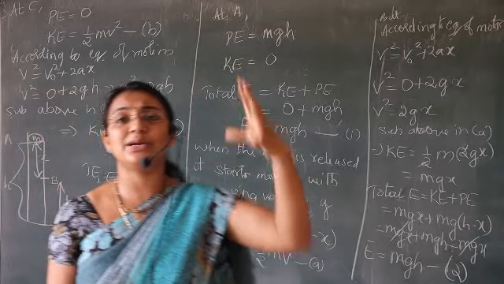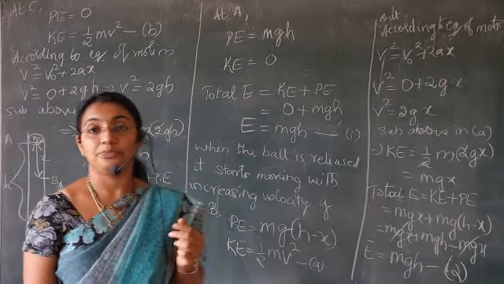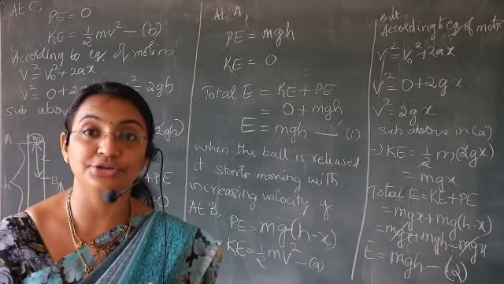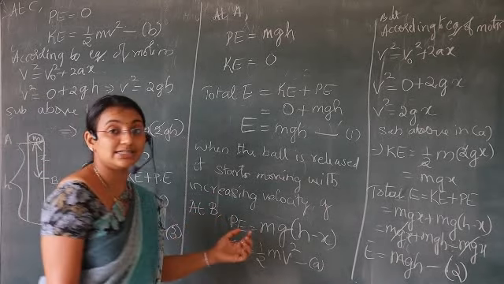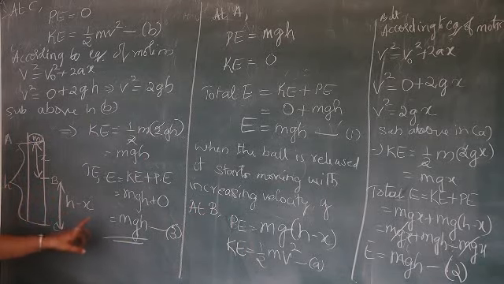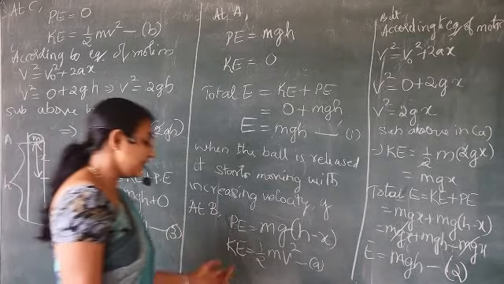Now, we release the body from rest. It starts moving down, correct? With increasing velocity due to the acceleration due to gravity, when it reaches the point B, at a height x from A, the potential energy, based on the height from the ground, is h minus x. So potential energy is equal to mg(h minus x).